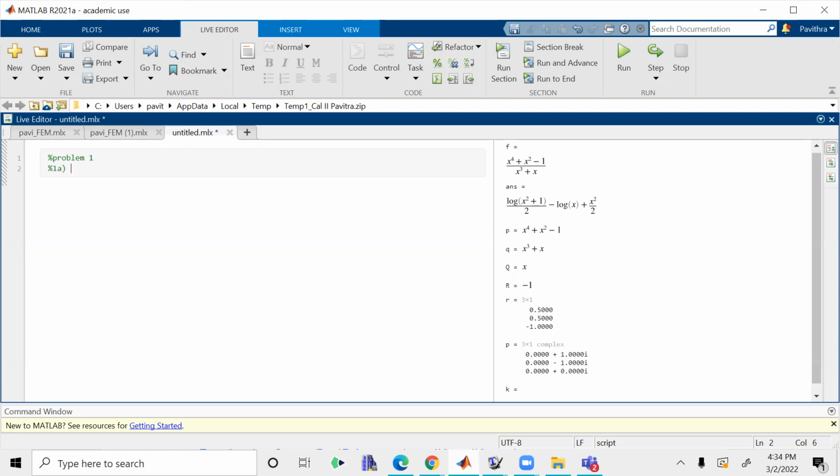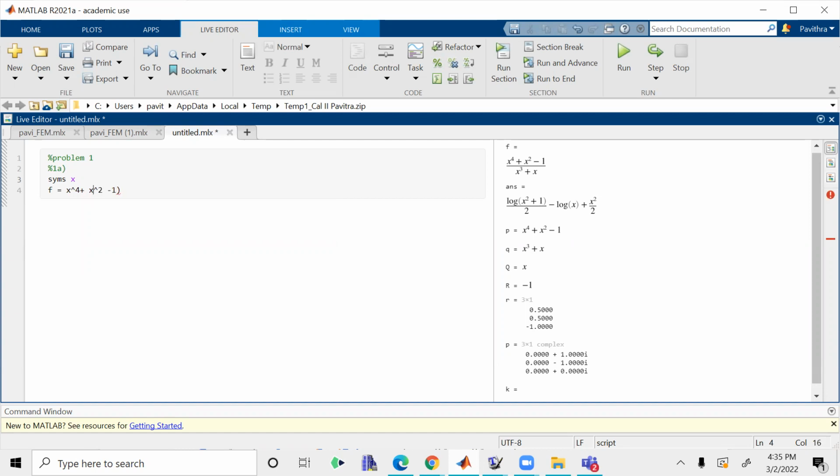If you look at your lab manual, it is asking you to integrate the function like you did in the previous lab. So the first step is to define what is x, then you enter what is f, that is x to the power of 4 plus x squared minus 1.